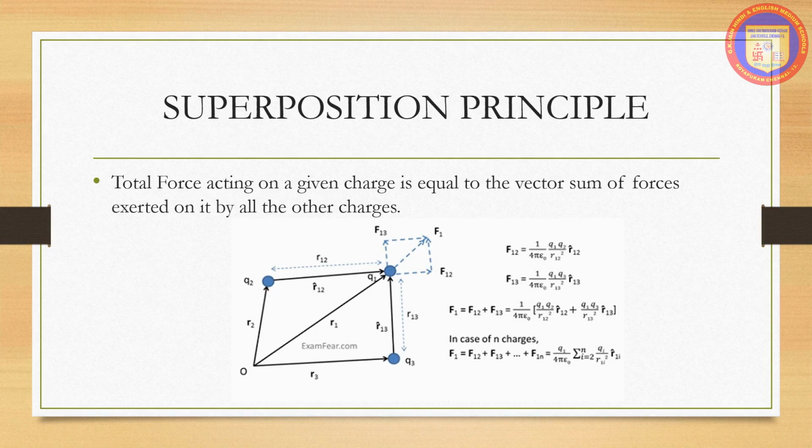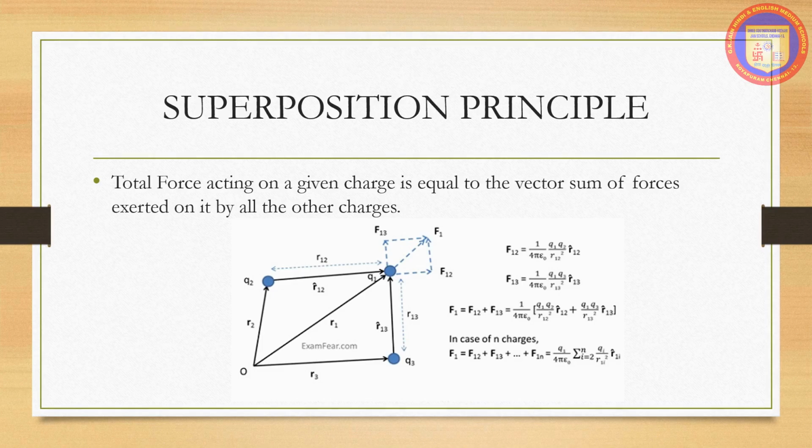The force on Q1 exerted by the charge Q2, F12 vector, is equal to K Q1 Q2 divided by r21 square into r21 cap. Here, r21 cap is a unit vector from Q2 to Q1 along the line joining the two charges.